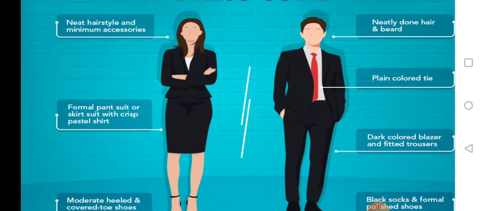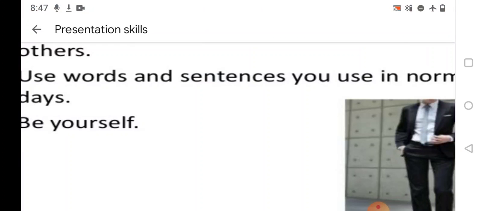You should not use light color or printed suits or printed shirts at the time of presentation. And black socks and formal polished shoes. These are the key ideas, the code of dress while making a presentation.